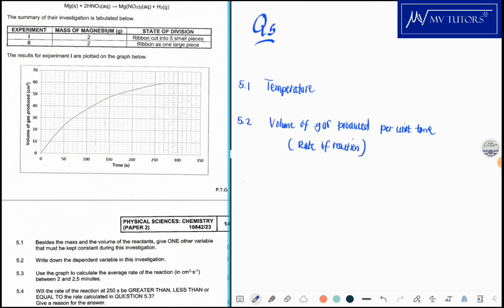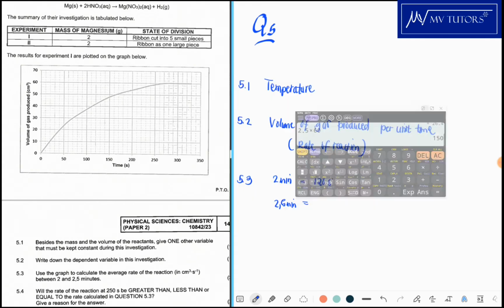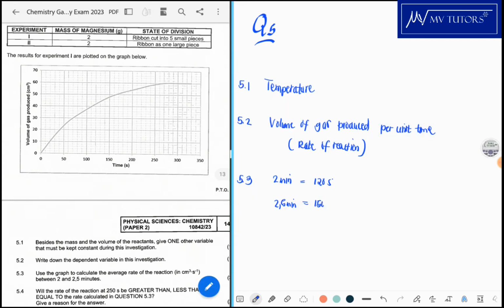And then 5.3, use the graph to calculate the average rate of the reaction between 2 and 2.5 minutes. I hope you see that the time given to us is in seconds. So 2 minutes is equal to 120 seconds, and 2.5 minutes, 2.5 times 60, is 150 seconds.